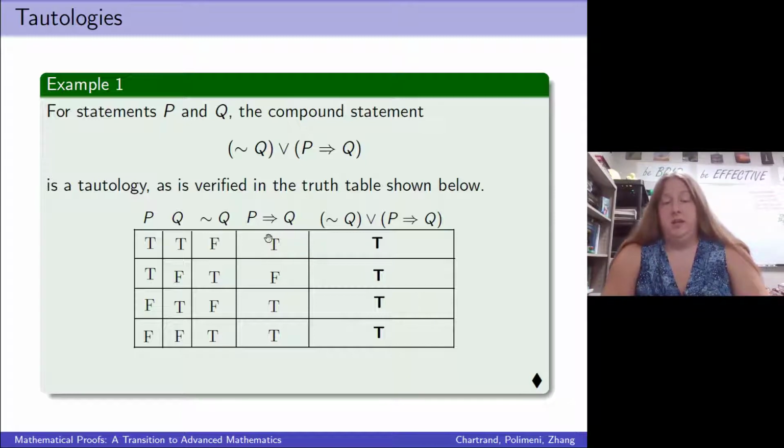So in this first row, P implies Q is true, so the disjunction is true. When not Q is true here, then it's true. P implies Q is true here, so it's true, and they're both true, so it is true. So whenever we get a column that is all true, then that statement is a tautology.